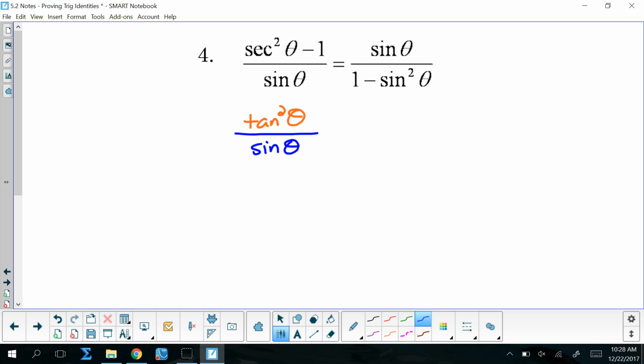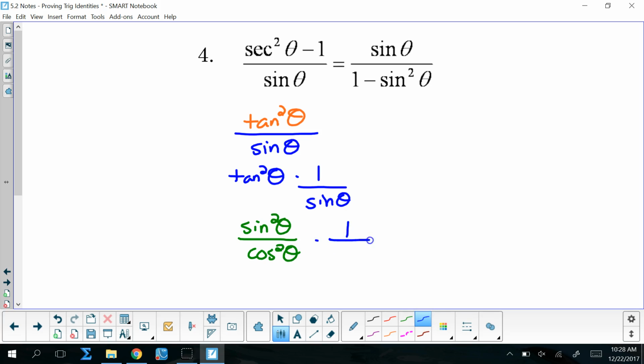Which is really tangent squared of theta times 1 over sine of theta. Yes? Tangent squared is sine squared of theta over cosine squared of theta. Times 1 over sine of theta is what?